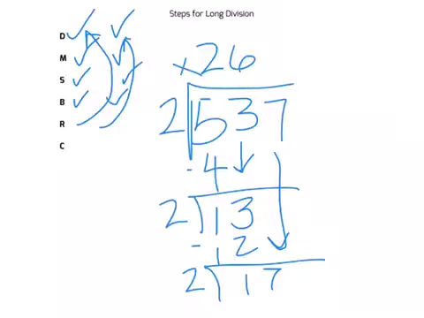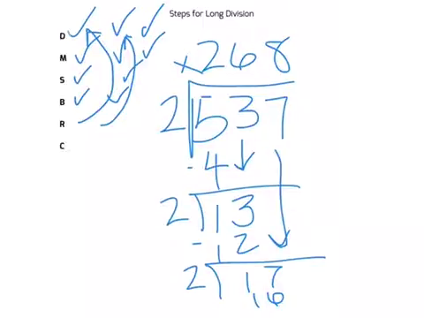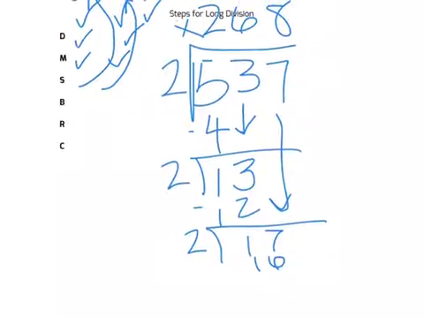2 goes into 17 8 times. That's my divide. 8 times 2 is 16. There's multiply. Let's move this up a little bit.